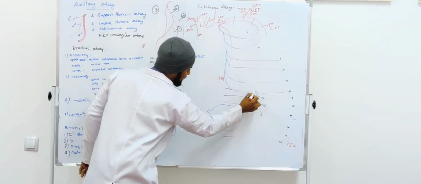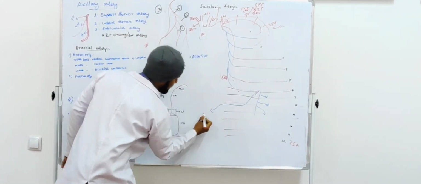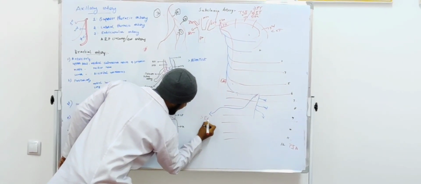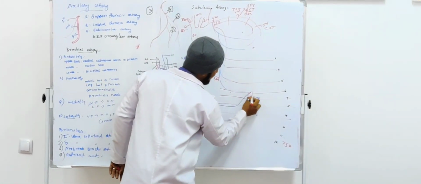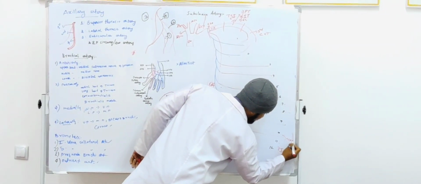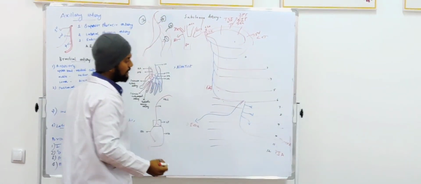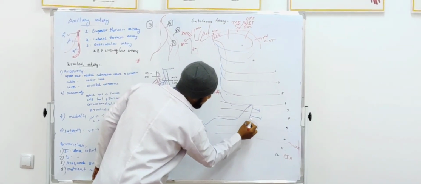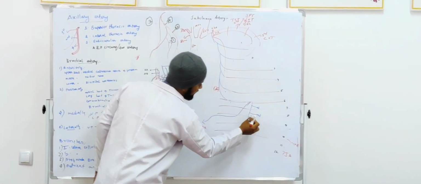The sixth intercostal artery is divided into two parts. This is the superior epigastric artery, and the second part is the musculophrenic artery. From the musculophrenic artery, the other three branches of intercostal arteries arise.